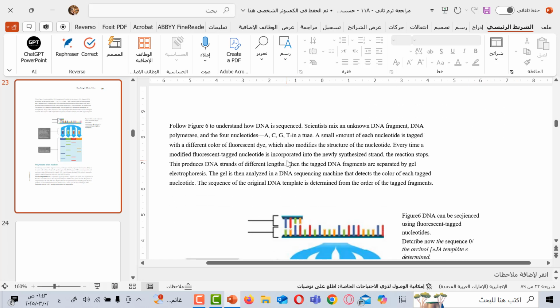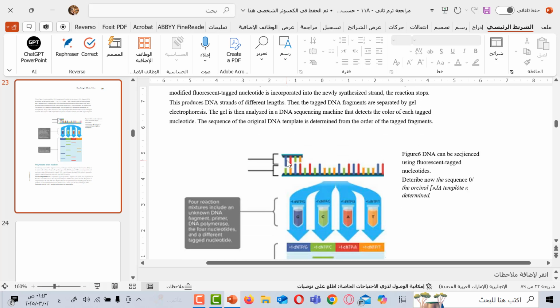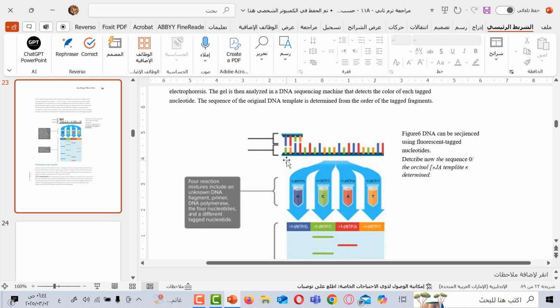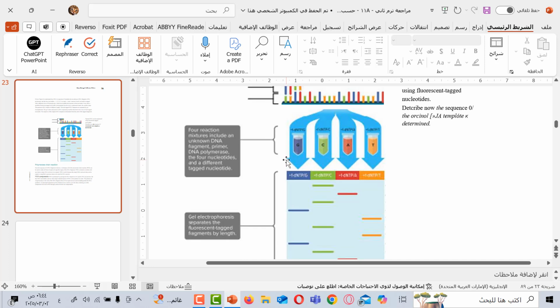Let's study the sequencing of DNA. Don't forget, we put the material in the sequencing.